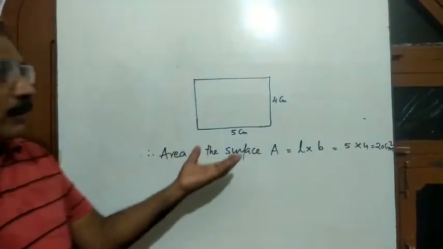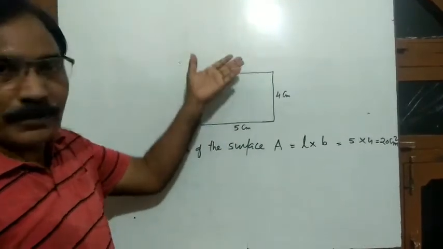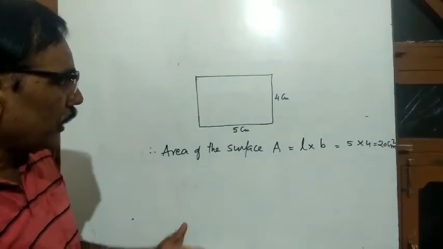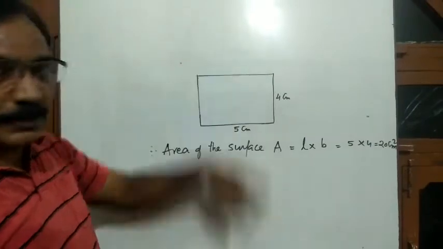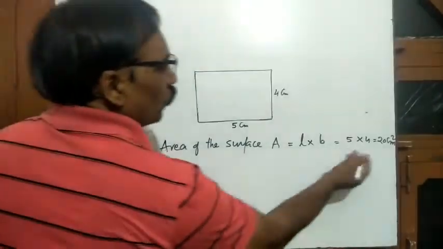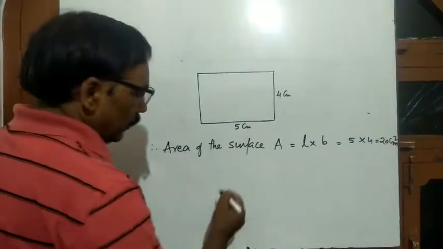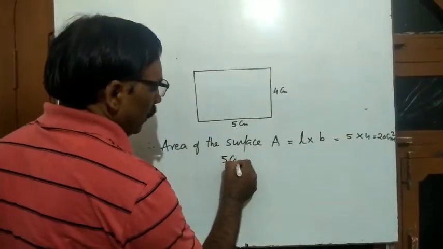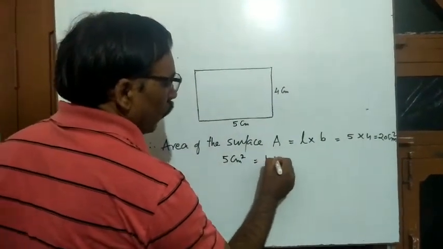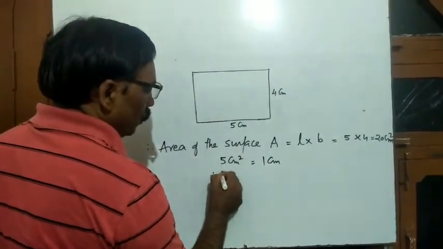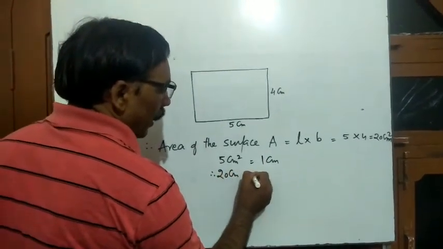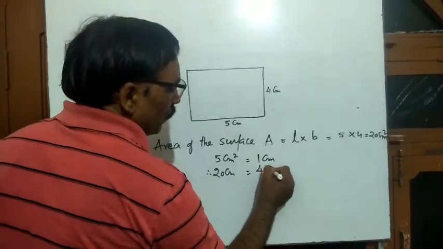Now, how will you represent the area vector? As we know that the area vector is normal to the surface, to represent this, we will assume a scale, that is suppose 5 centimeter square is equal to 1 centimeter. Therefore, 20 centimeter square is equal to how much? 4 centimeter.